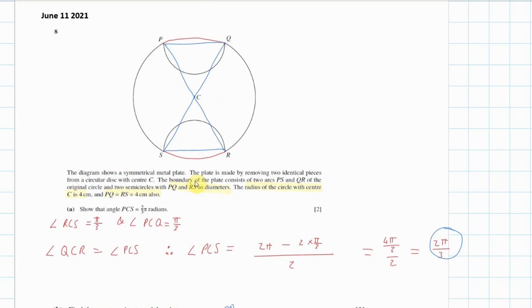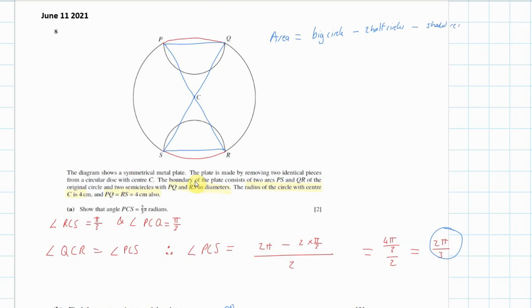Okay. Now what I think we can say is the area equals big circle minus 2 half circles, the little ones, minus shaded region.